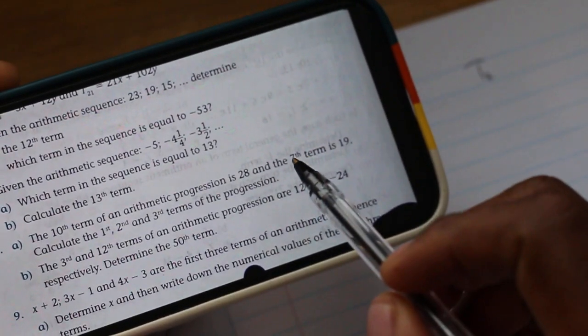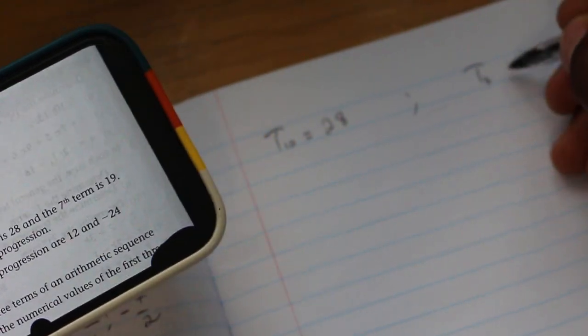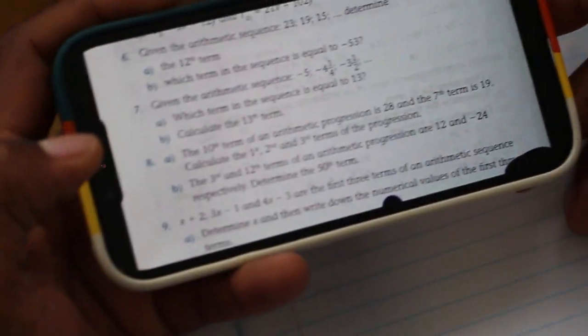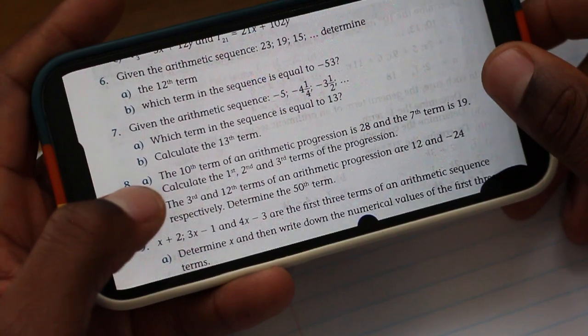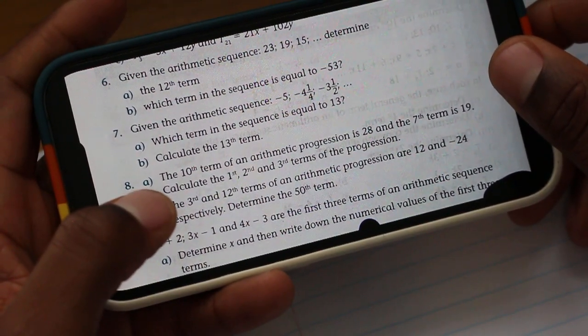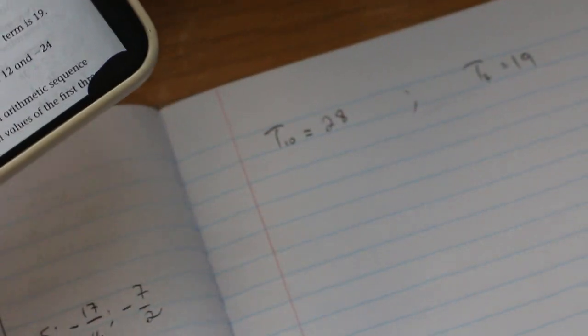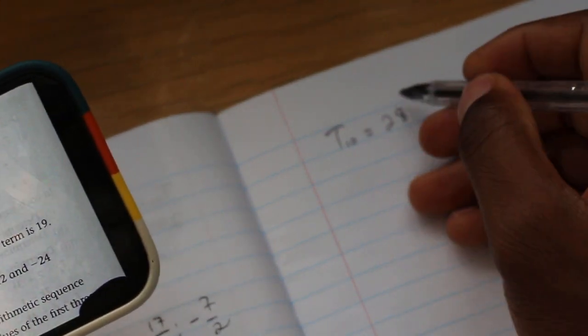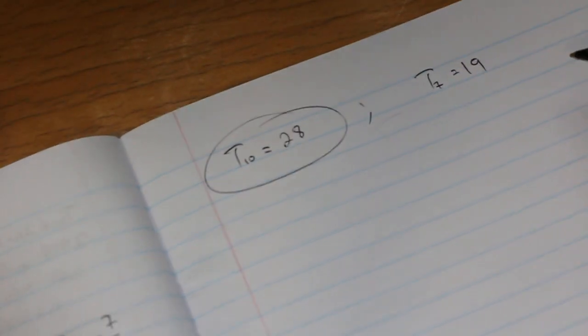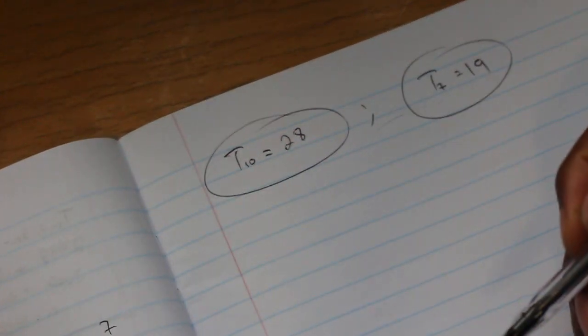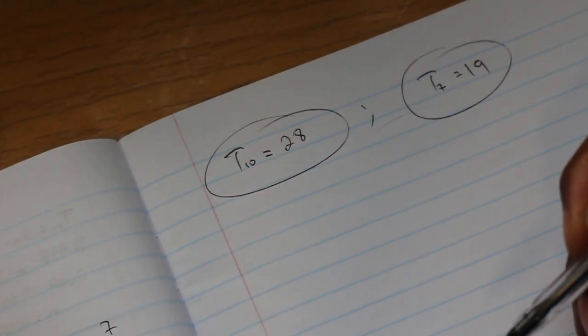The seventh term is 19. Let's see if there's any other information that is important. Calculate the first, second, and third terms of the progression. Okay, that's fine. So we need to use this information to find the general term.